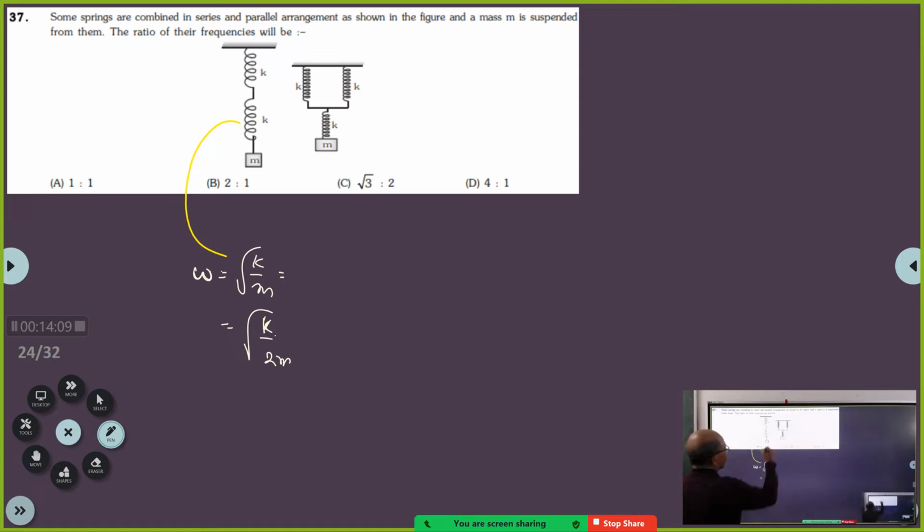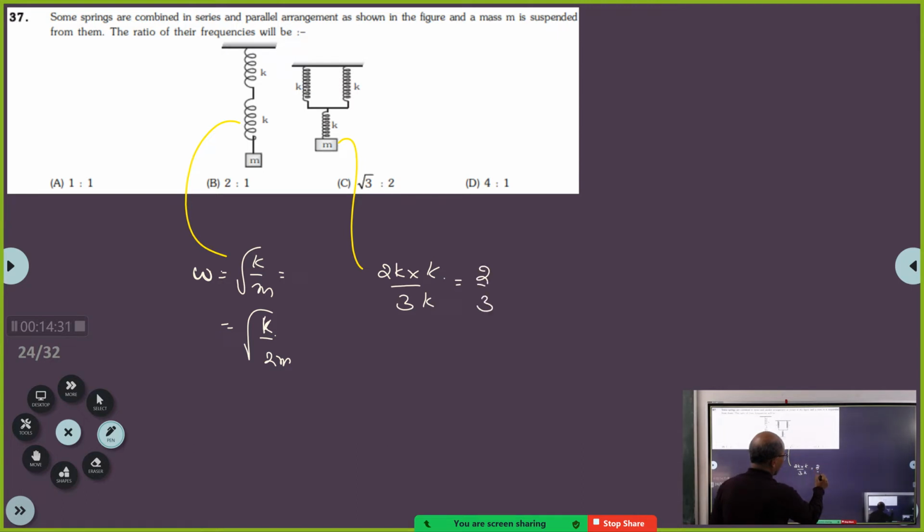Okay, the series combination. Now in this case, these two are in parallel and then in series with this. So in this case, parallel gives k plus k, 2k, so it will become 2k into k divided by 3k. So the equivalent k will be equal to 2 by 3 k. Therefore this is going to be 2k by 3m. Right.